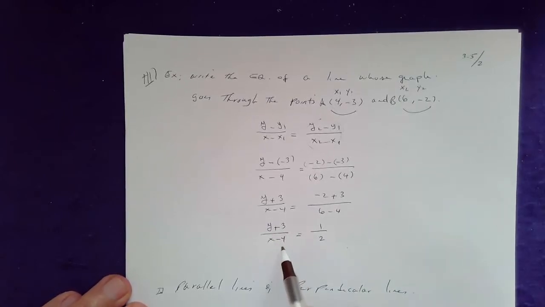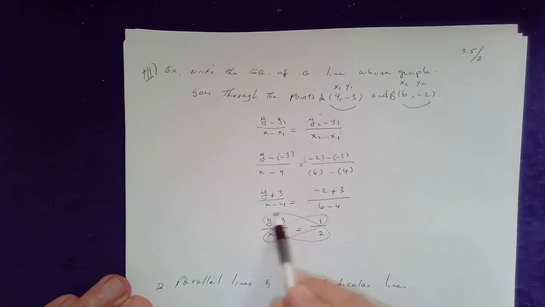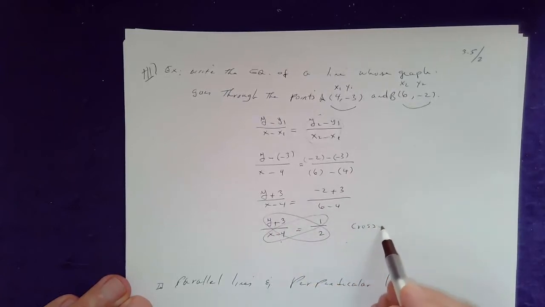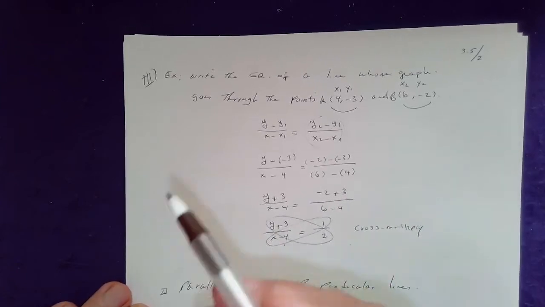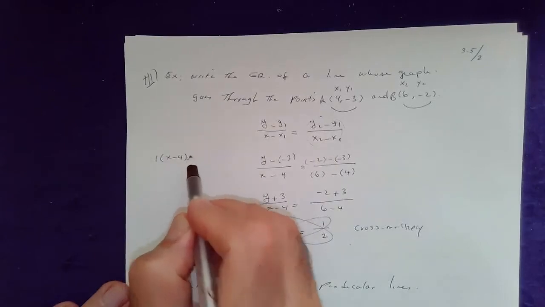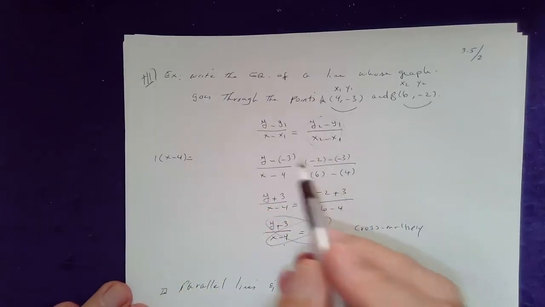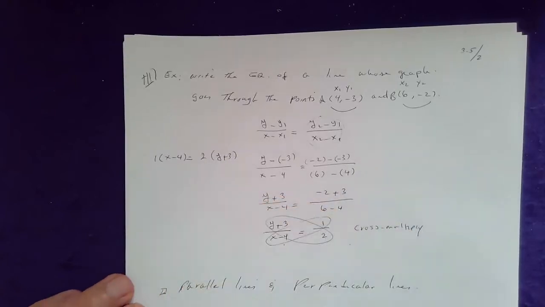Okay, you got a fraction on the left, fraction on the right. This is called proportionality, the equality of two fractions. So to get rid of the fractions, what we do is cross multiply, correct? So you end up with 1 times x minus 4 equals 2 times y plus 3.